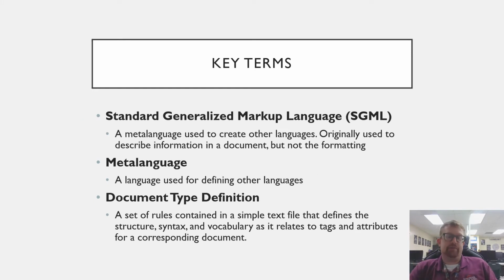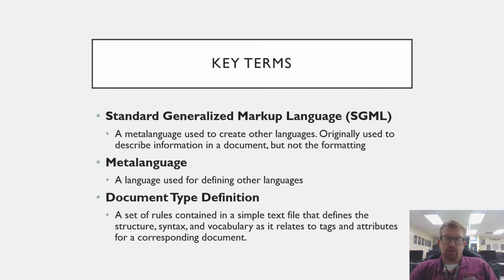So in that last slide, we talked about a few terms. Standard Generalized Markup Language was a meta language used to create other languages. It was originally used to describe information in a document, but not the formatting. A meta language is a language used for defining other languages. And a document type definition is a set of rules contained in a simple text file that defines the structure, syntax, and vocabulary as it relates to tags and attributes for the corresponding document.